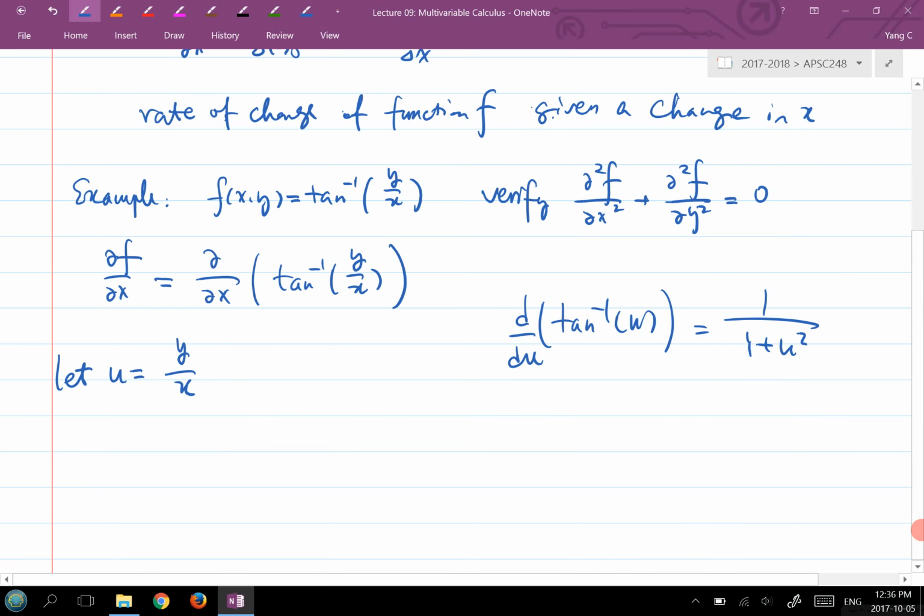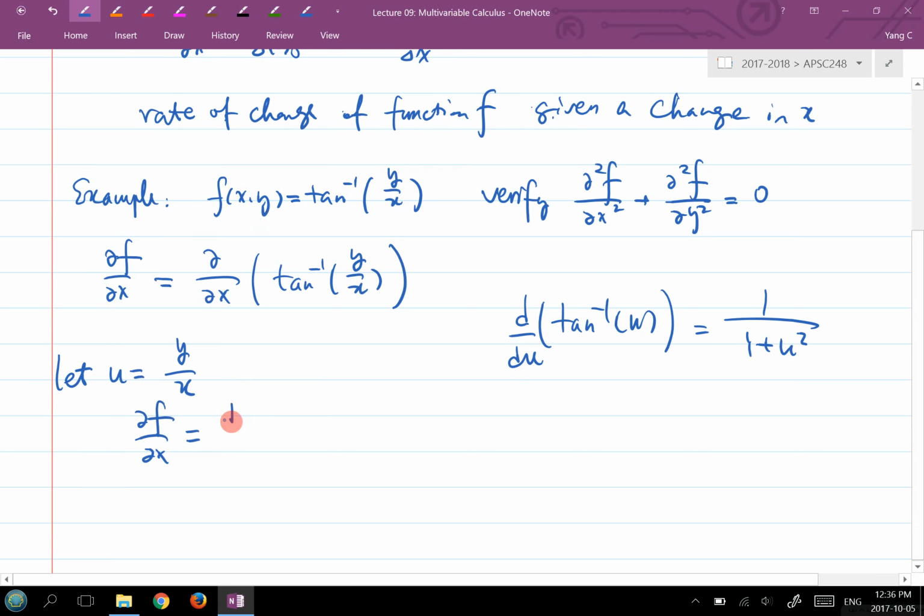This actually requires a chain rule, a simple chain rule, which I'll summarize in more detail next. Then this partial f over partial x can be written as follows. When you let u equal y over x and replace y over x with u, then function f is just a function of u now.